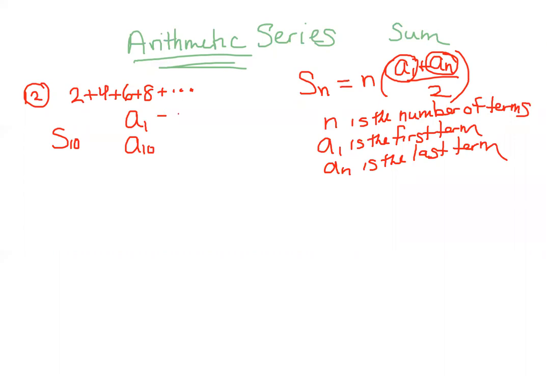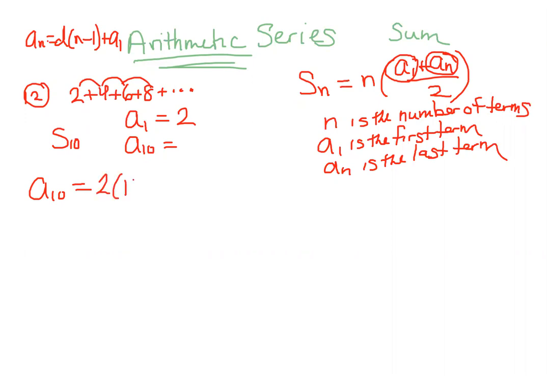So A1 equals 2. So A10, we can use this formula that we had used before. What is D? Well, if you look at the difference here, it's 2 times 10 minus 1 plus A1. So 10 minus 1 is 9, 9 times 2 is 18, plus 2.